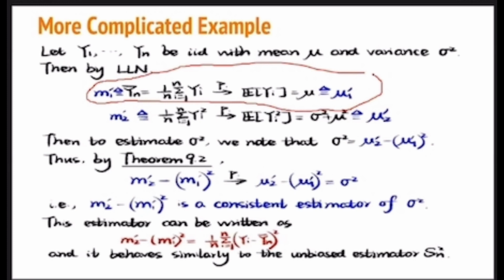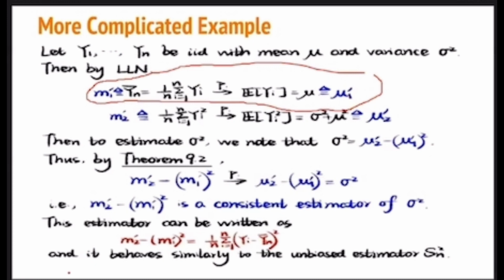We want to use the fact that convergence takes place when the sample size is sufficiently large. In the first moment, I'm going to equate the sample mean to the population mean, which is the first moment.